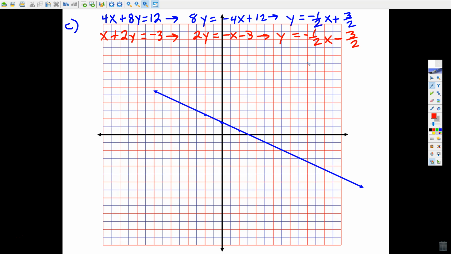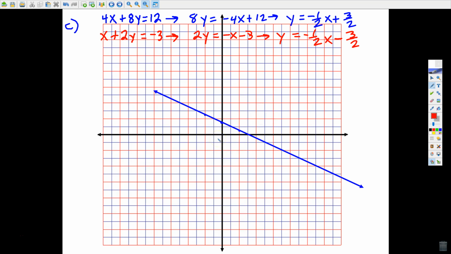If they have the same slope and they cross the y-axis at different places, what must be true about those two lines? Two lines that have the same slope are called parallel. Good job.